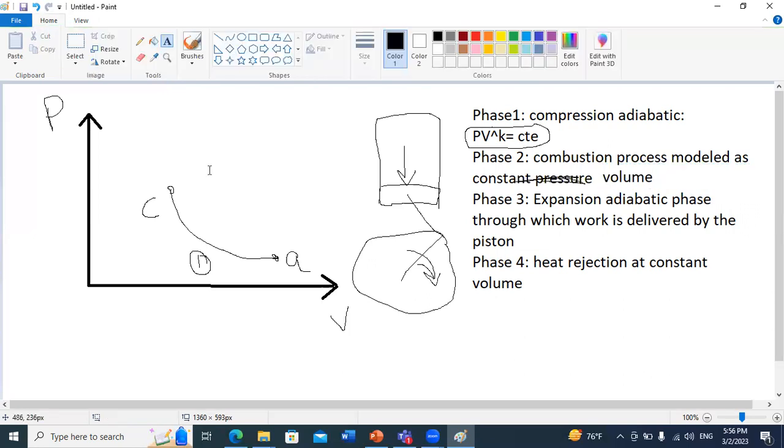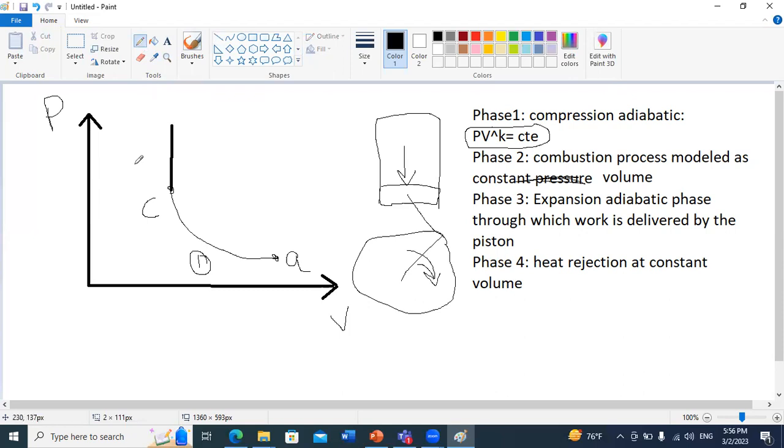That's why you can consider that the increase in pressure is nearly instantaneous. Of course, the pressure will increase because the volume is constant, while the temperature will increase because of combustion. So phase two is a phase of increase in pressure at constant volume. Since we have combustion, temperature will increase, so pressure will also increase. So this is phase two.